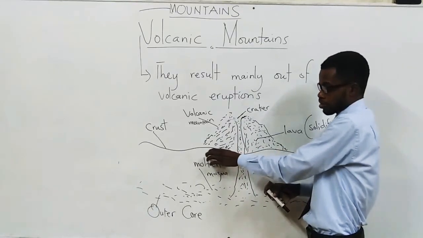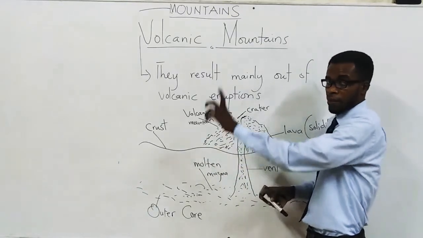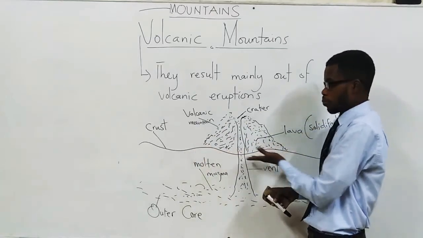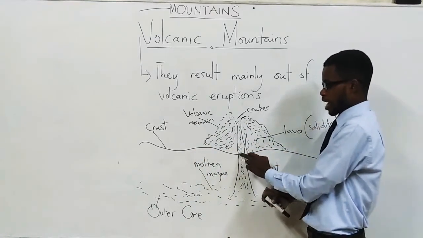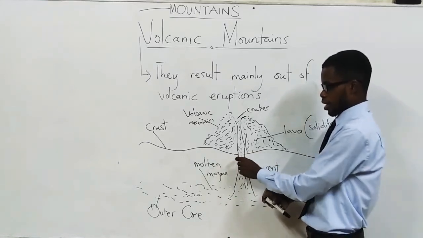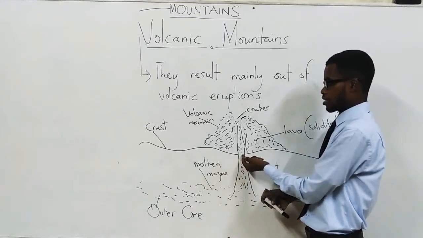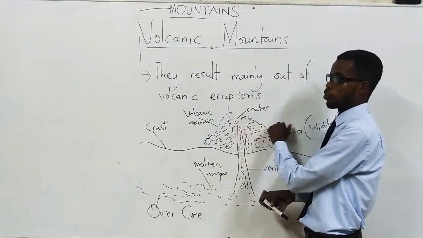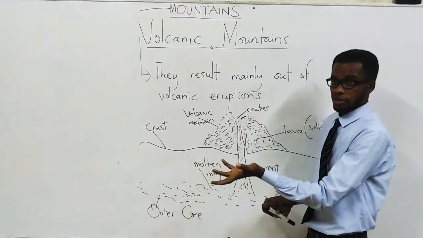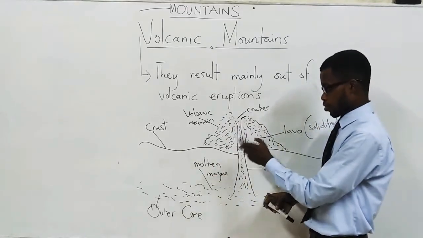And when that happens, it is definitely going to solidify. Mind you, there is water under the crust, and so possibly some path can be created. If a path is created for that water, it can pass through the mountain and flow, and become a waterfall or what we call a spring. Okay, so we have that already.